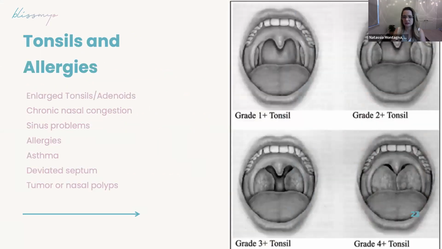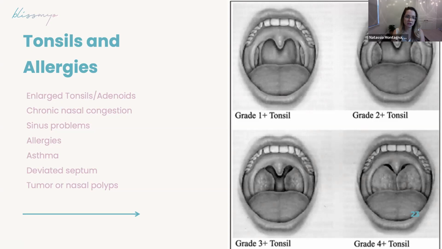The tonsils, here are some tonsil grades, grade 1, 2, 3, and 4. These patients most likely will have a physical blockage, and that's the reason why they can't breathe through their nose. And I usually assess that in my initial consultations.